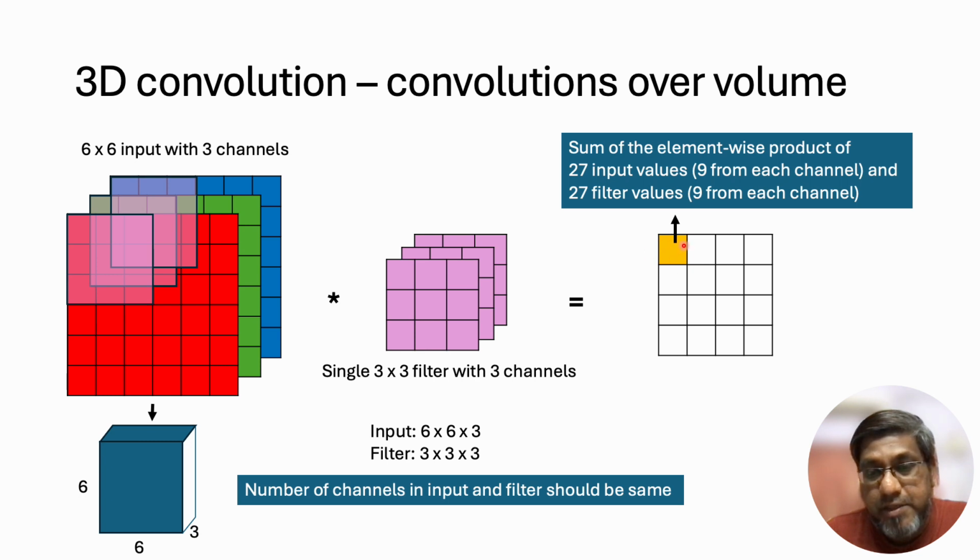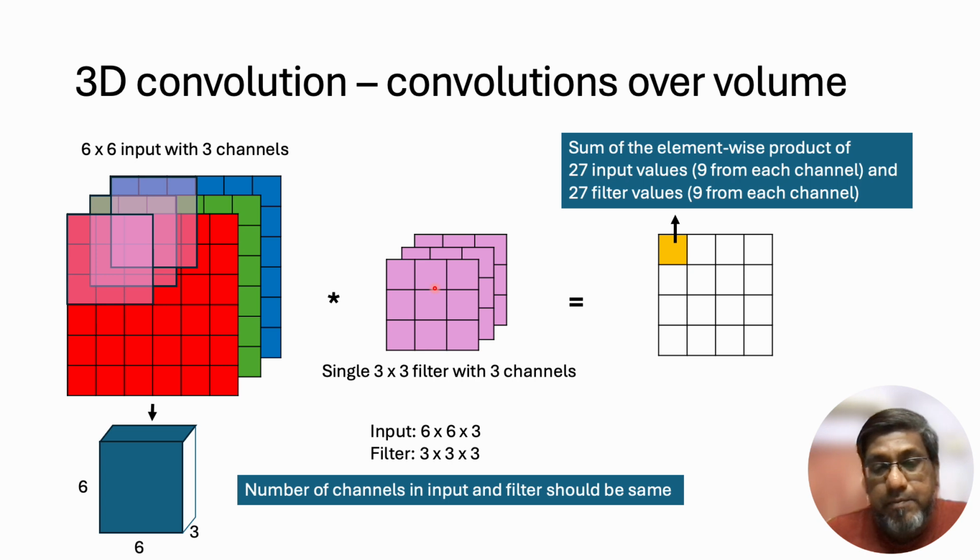So this first pixel value of the output is basically an element by element multiplication of the window of the input image with the filter, and we do that for each of the channels, and we end up with 9 numbers for the first channel, 9 numbers for the second channel, and 9 numbers for the third channel, which are products between the filter and the pixels within the windows.